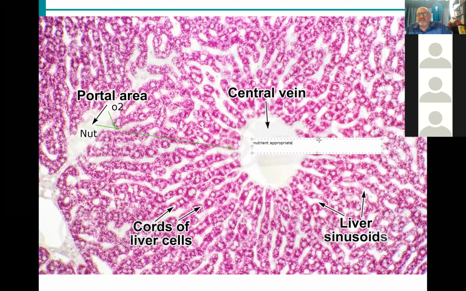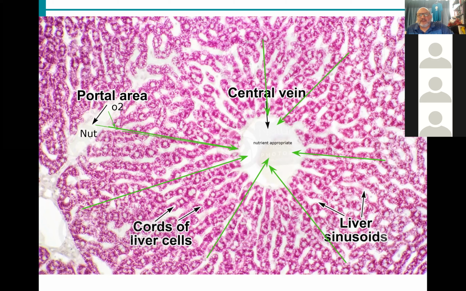And again, notice this is happening from all the corners of this lobule. So all of the blood is coming towards the center through those sinusoid capillaries as it is being processed.